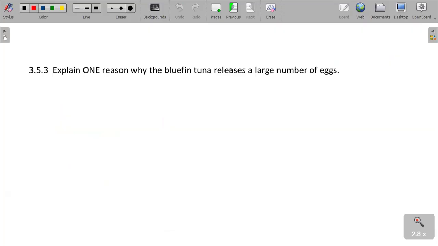Explain one reason why the bluefin tuna releases a large number of eggs.